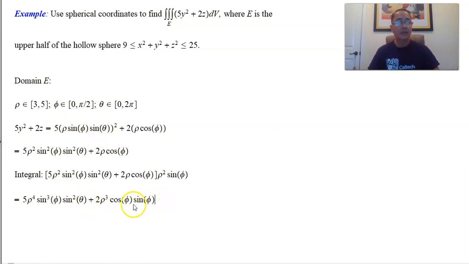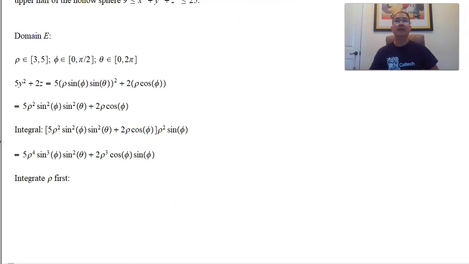So we can integrate each factor one at a time, in 3 levels, to get to the final answer. So let's integrate rho first. That seems to be the easiest one, don't you think?